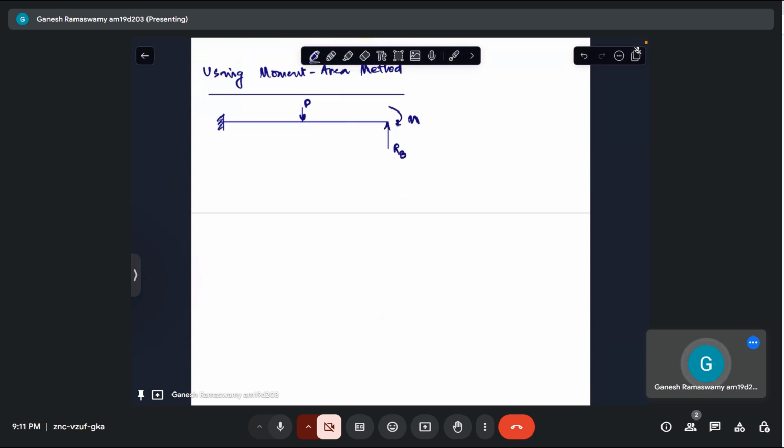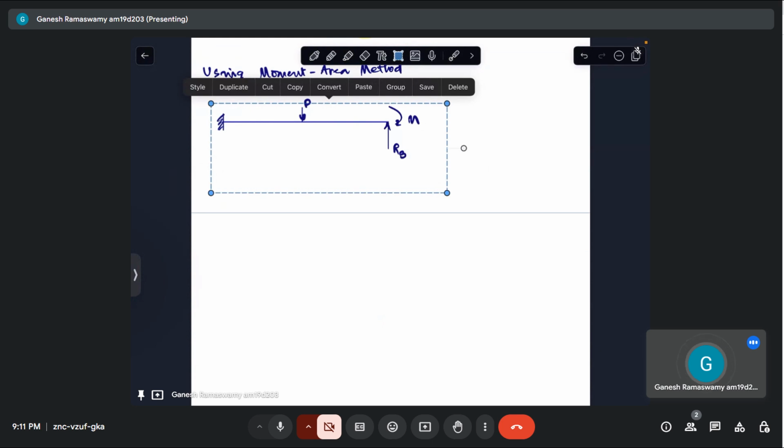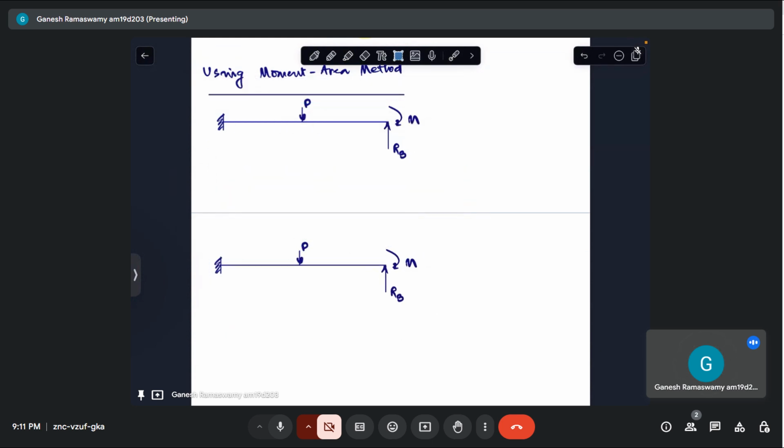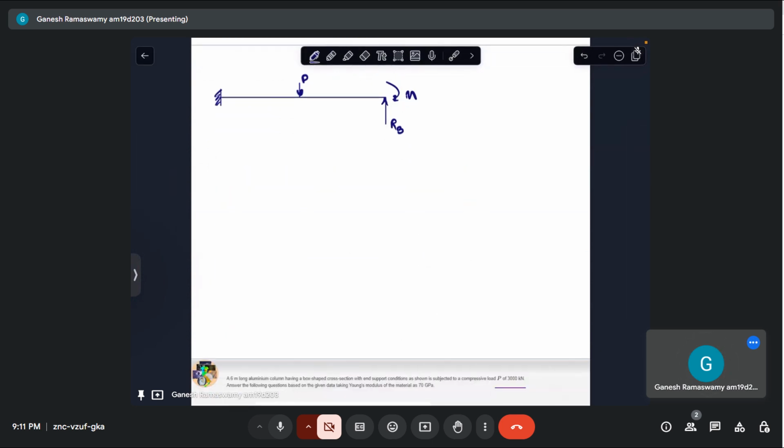So if I were to decompose this into three bending moment diagrams, I will have the first one like that. This is the first bending moment diagram, where this is PL by 2 and this is negative.